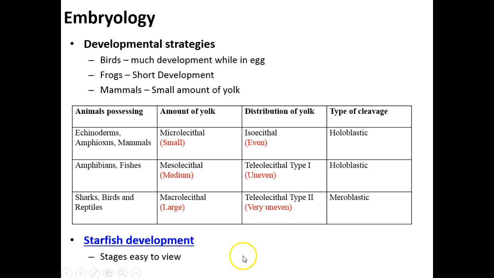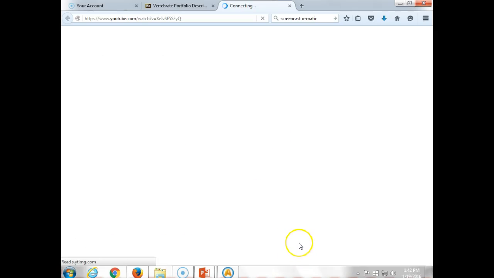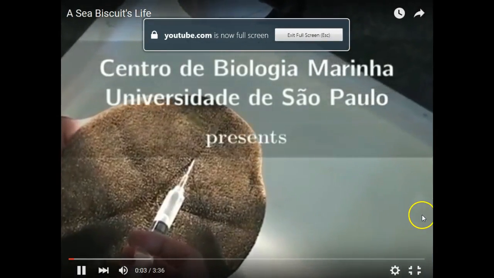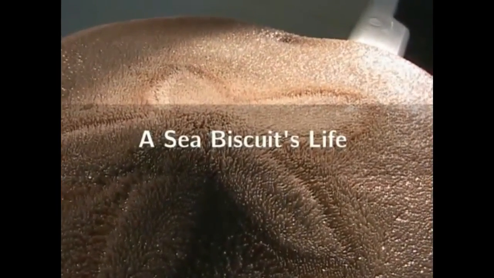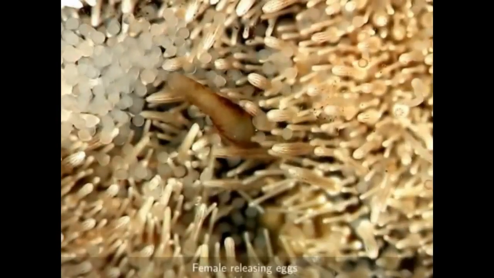So why do we look at starfish development, first of all? Because it's so easy to see what those stages are, because you can see right through them. So just a really short video about sea biscuit. So sea biscuit is a type of echinoderm.